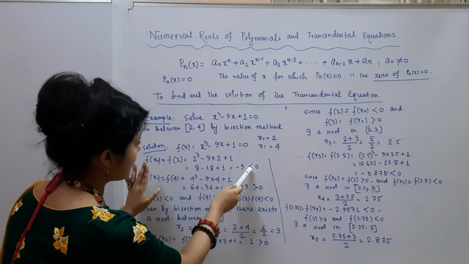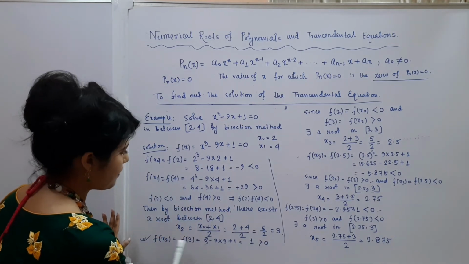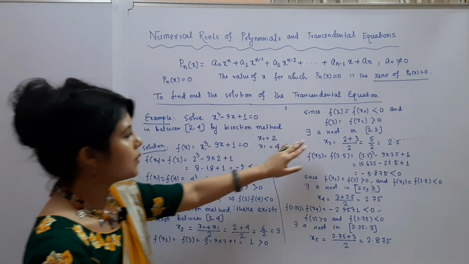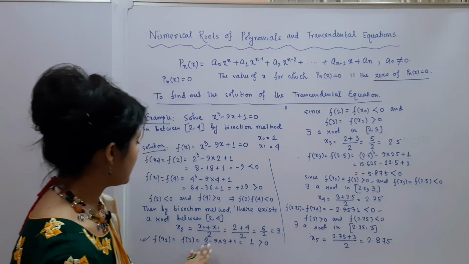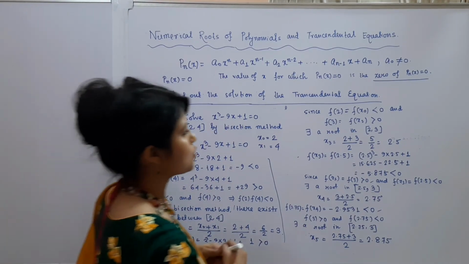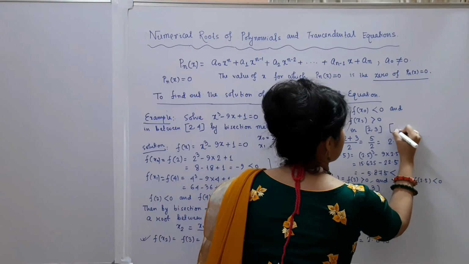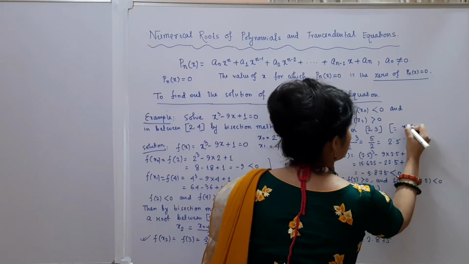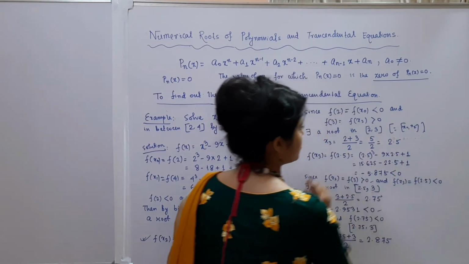Here f of x0 is negative and f of x2 is positive, so there exists a root between x0 and x2, that is between 2 and 3.